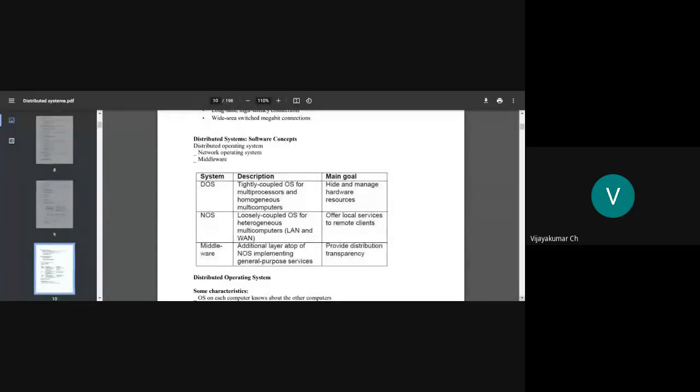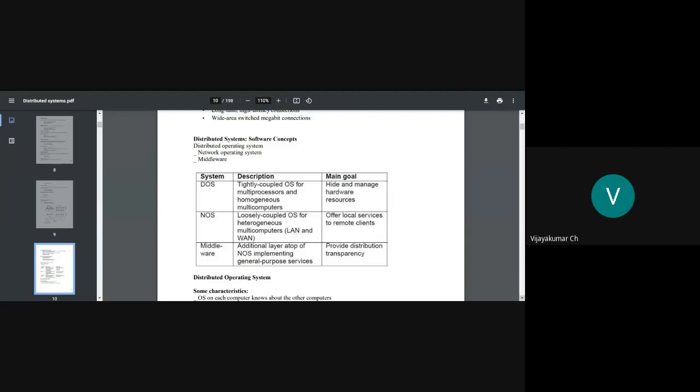Middleware is an additional layer atop of NOS implementing general purpose services. It provides distribution transparency.